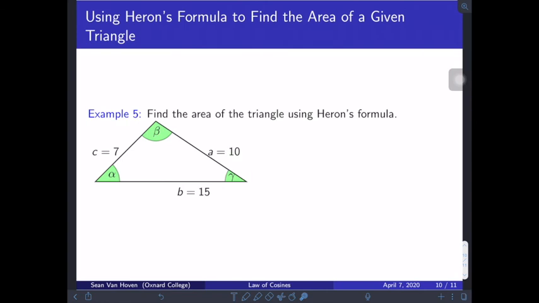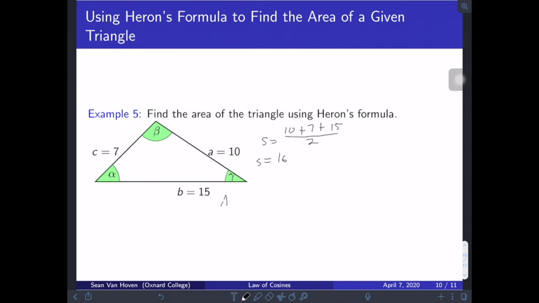Here we have all three sides, so we should just find our s. Our s is going to be equal to 10 plus 7 plus 15 all over 2, and our s ends up giving us 16.